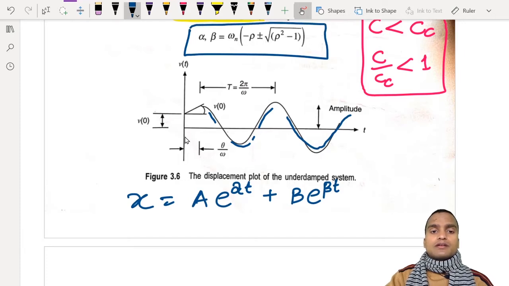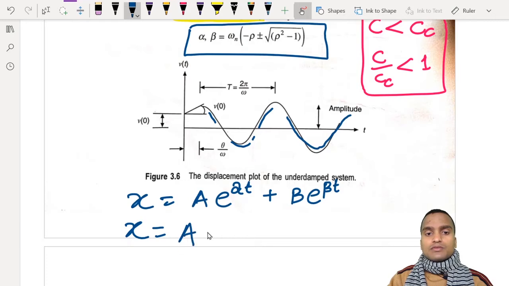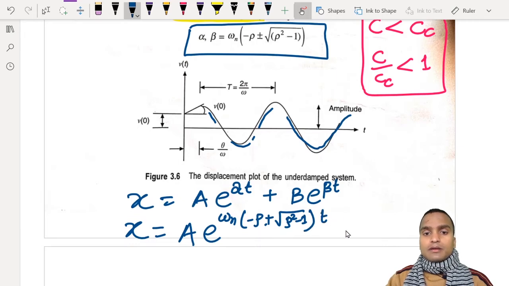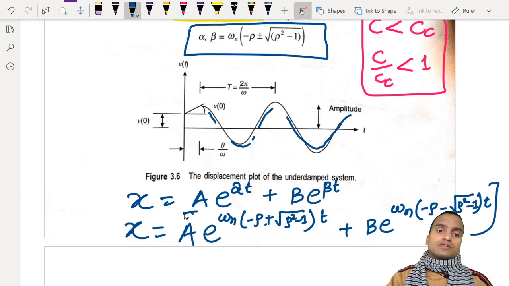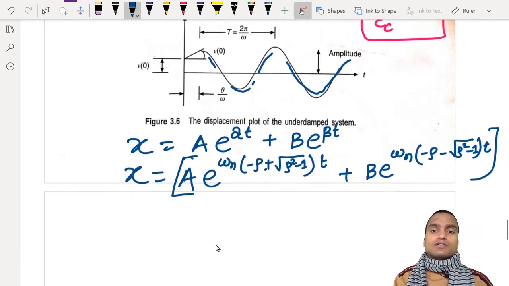We can simply replace here: x is equal to a into e to the power, take omega n common here, minus rho plus root under rho square minus 1 times t, plus b into e to the power omega n minus rho minus root under rho square minus 1 times t. So this is the final solution for the equation of motion.